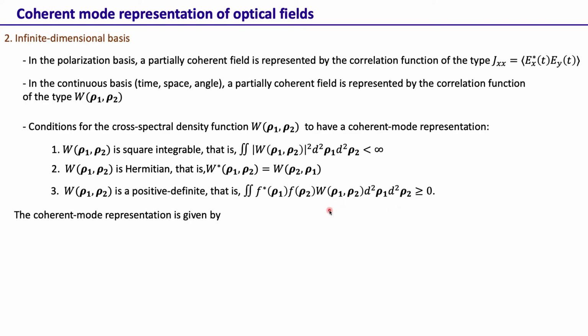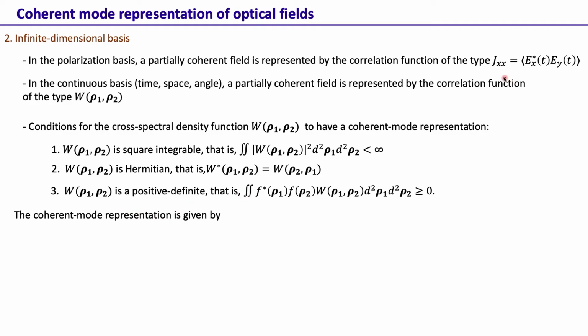This is essentially saying that no matter in which basis we represent a field, the intensity or the spectral density at every location rho has to be positive. It cannot be a negative value. The hermiticity ensures that this value is real, but the positive definiteness condition ensures that this value is not only real, it has to be positive, it can't be negative. So these are the three conditions that we have.